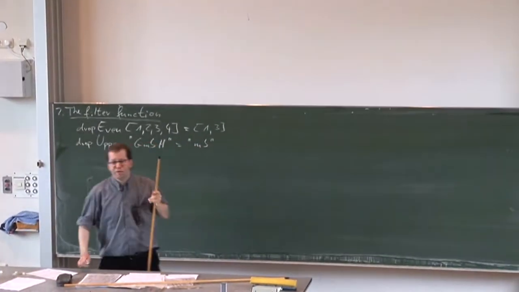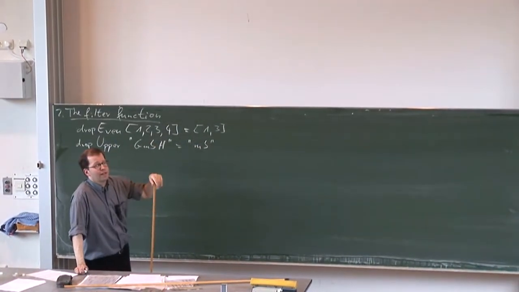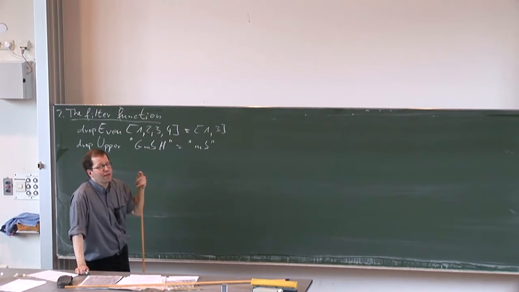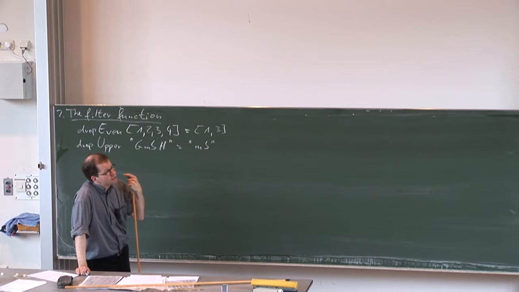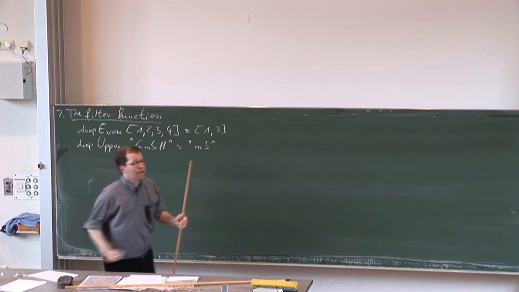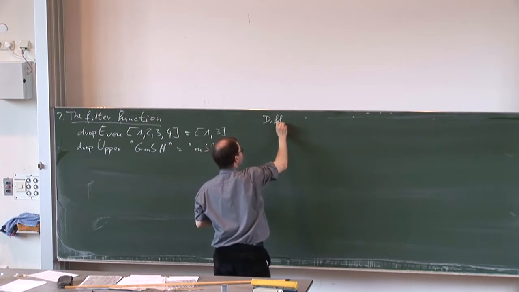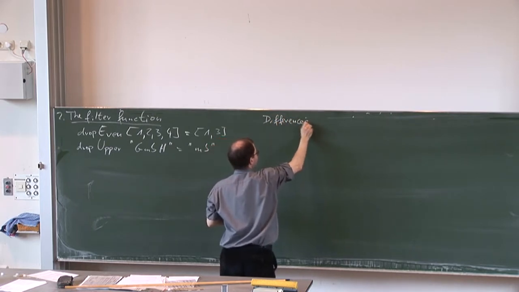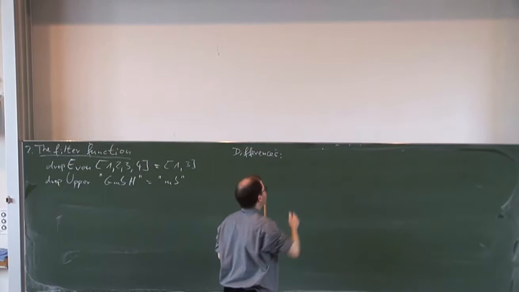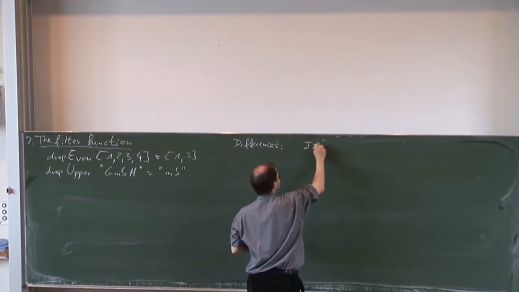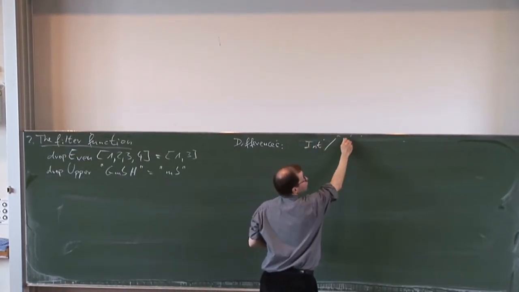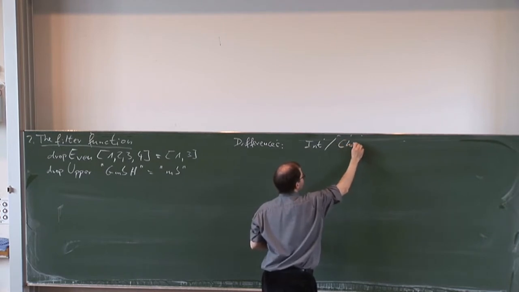So now again, if you look at these algorithms closely, you see, well, they somehow look similar. They are implemented in a very similar way, but there are two differences. So again, the differences are the data structure. dropEven operates on lists of integers, and dropUpper operates on lists of characters.